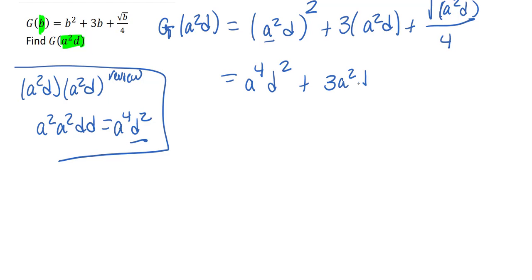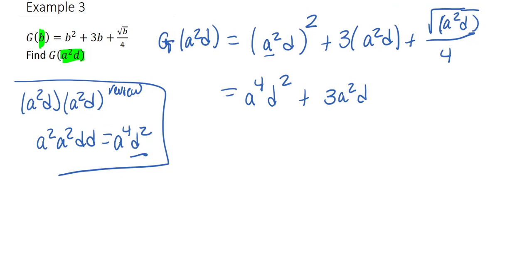3a squared d, and then plus the square root of a squared d. Remember, when we take a square root of anything, it's really asking, what do we have two of? Like 4 squared equals 16, but when we take the square root of 16, it goes back to 4.